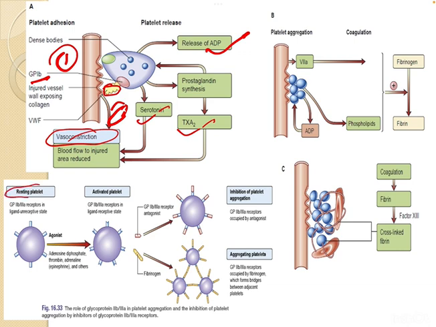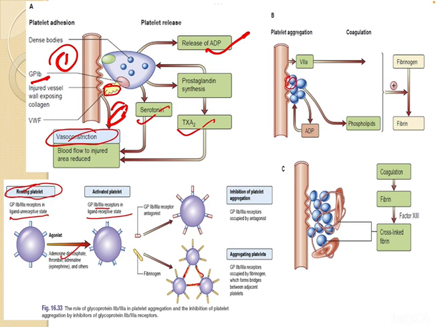Resting platelets also express the glycoprotein 2b and 3a receptors, but they are in a non-receptive state. However, with the presence of adenosine diphosphate, the platelet becomes activated, meaning the glycoprotein 2b and 3a receptors are in a ligand receptive state. Because of this, there is platelet aggregation to fibrinogen.